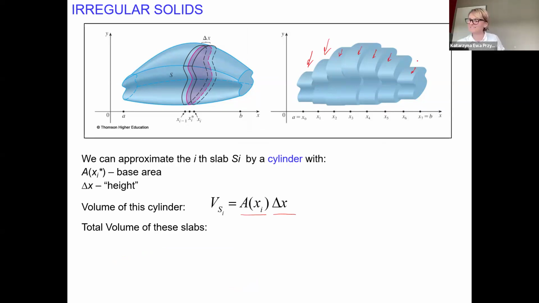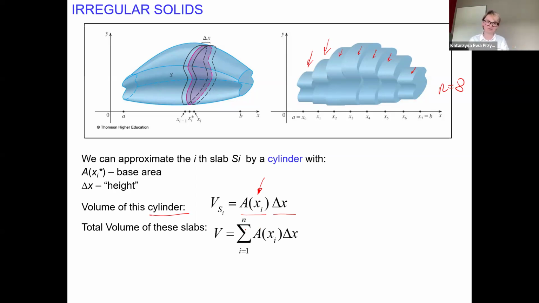We know that's not enough. N is 8. We, of course, need more. And each of the slices is a little bit different. That means the area has to be defined for that sample point, x sub i, and we know how to compute x sub i. But in general, the cross-sectional area times the thickness, base times the height, is just the volume of a cylinder.